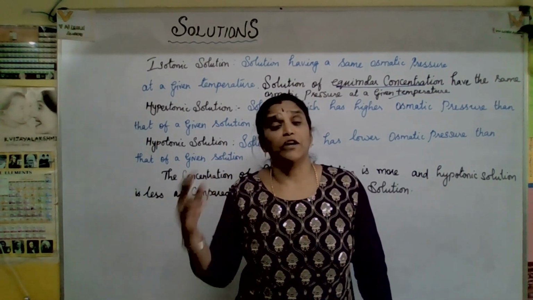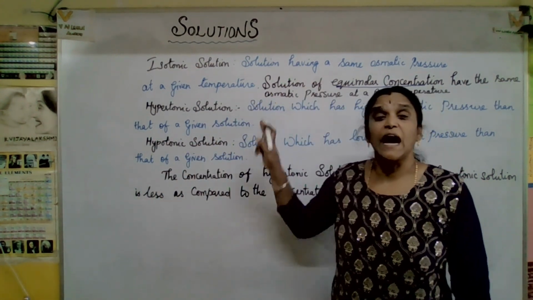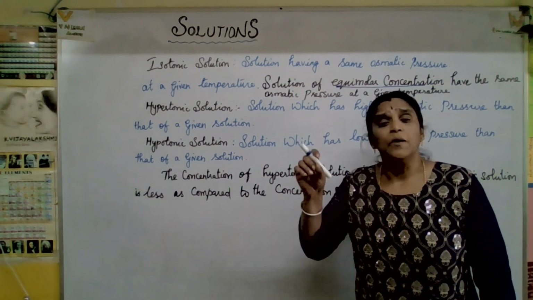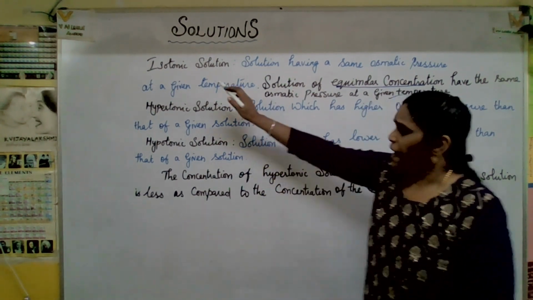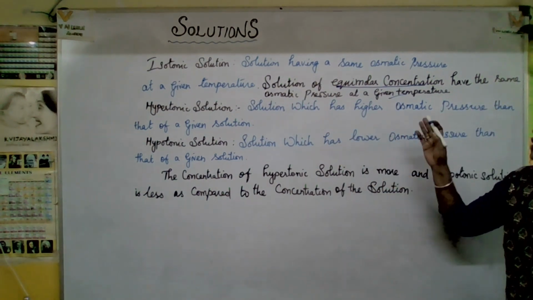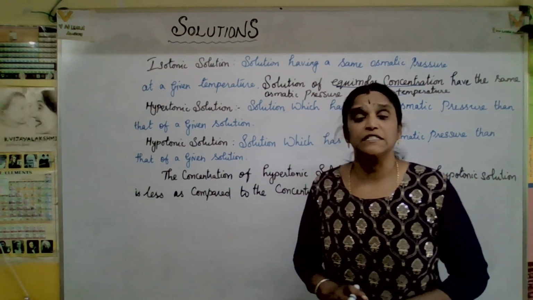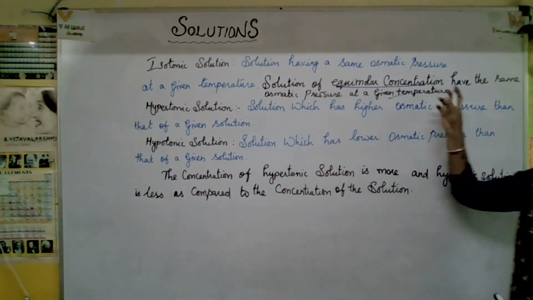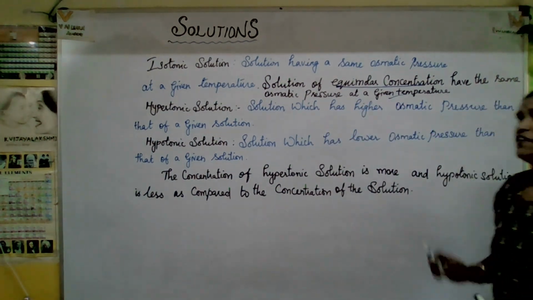Now, before going to reverse osmosis, the very important topic is isotonic, hypertonic, hypotonic solutions, because this is important for both points. Isotonic solutions have the same osmotic pressure at a given temperature. Solutions of equimolar concentration have the same osmotic pressure at a given temperature.